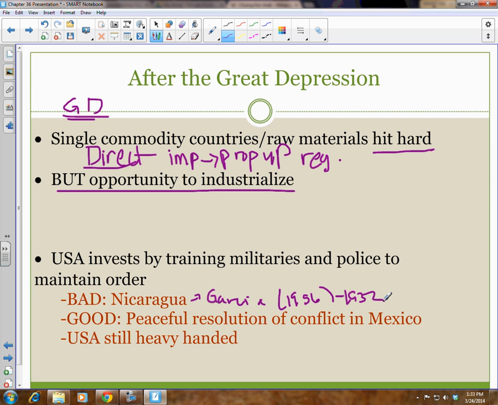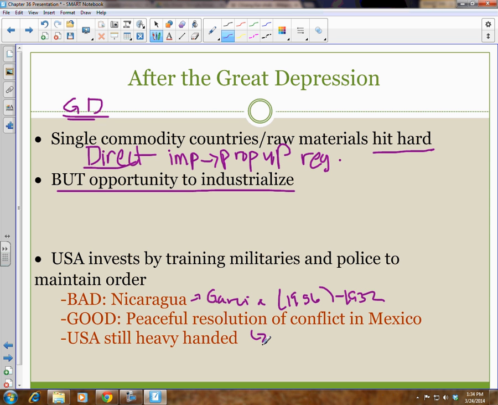U.S. influence, however, was not always so negative. The Good Neighbor Policy led to a peaceful resolution of the national crisis in Mexico. So in Mexico, there was a struggle against racism, against people with Indian heritage, as we've already talked about with Zapata and Pancho Villa.